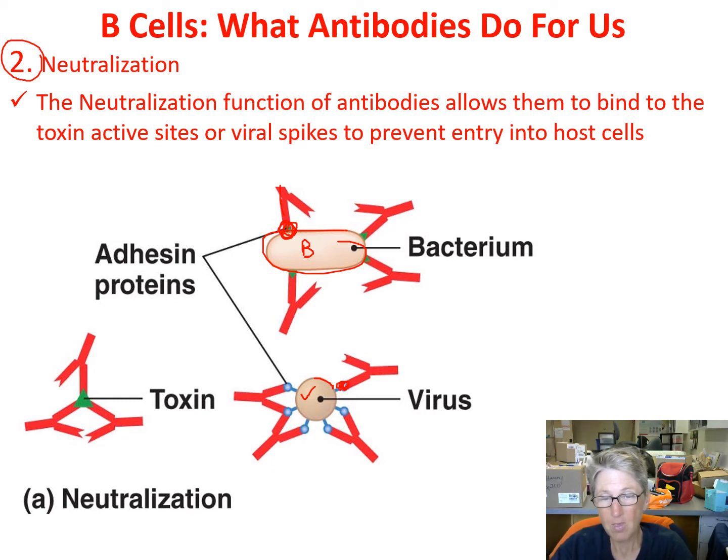So these antibodies would not recognize a square spike on this virus. The antibodies can also recognize a toxin, so this green triangle toxin is recognized by antibodies, and then these toxins and proteins become neutralized. When they're neutralized, they can't get into the host cell.